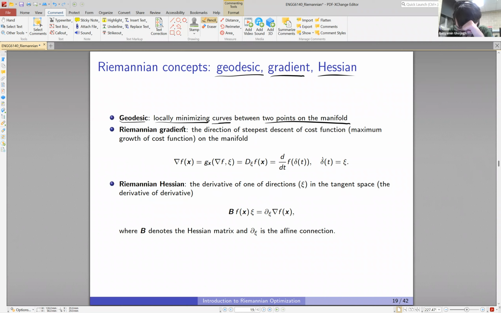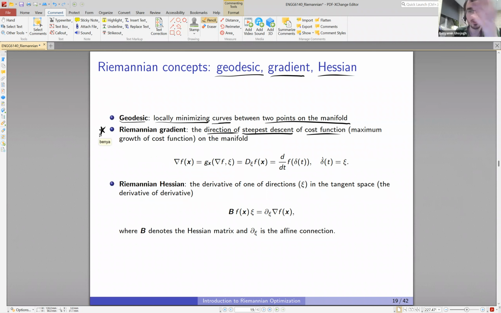And Riemannian gradient is the direction of steepest descent of the cost function, or maximum growth of the cost function on the manifold. It is the generalization of Euclidean gradient to Riemannian space, Riemannian manifold. What was the Euclidean gradient?